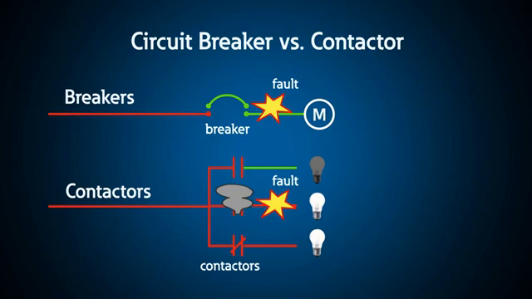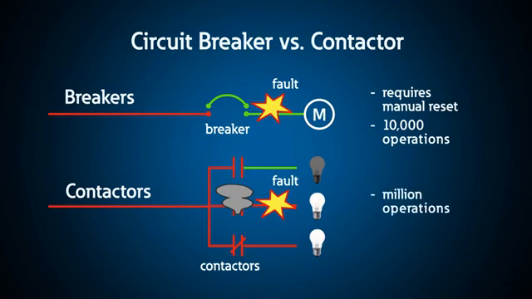Another significant difference between circuit breakers and contactors is that while you can easily turn off a breaker electrically, manual intervention is often required for turning a breaker back on. In addition, circuit breakers are typically designed for 10,000 operations, and contactors are designed for 1,000,000. But since breakers aren't really intended for many on-off cycles, 10,000 operations is significantly more than would be required in its lifetime.